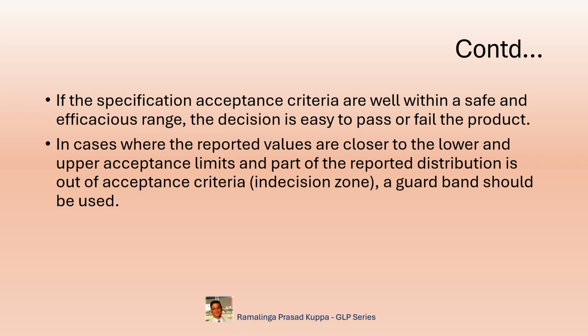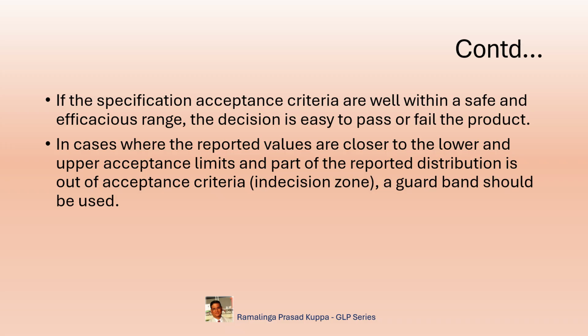In cases where reported values are closer to the lower and upper acceptance limits and part of the reported distribution is out of acceptance criteria, that is indecision zone, a guard band should be used. This is important. In certain cases, some part of the distribution may be outside the upper limit or lower limit of the specifications.